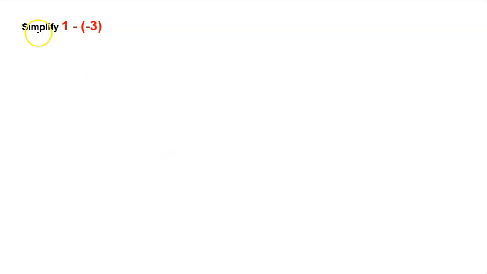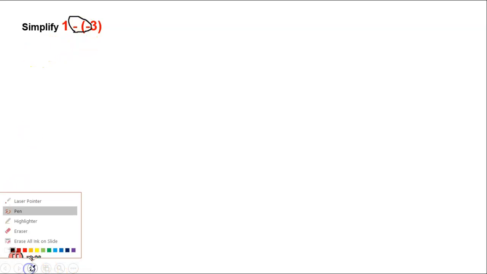Okay, here we are asked to simplify 1 take away negative 3. Once again, we have two negative signs between the two numbers, so we have to multiply negative times negative to get a positive.